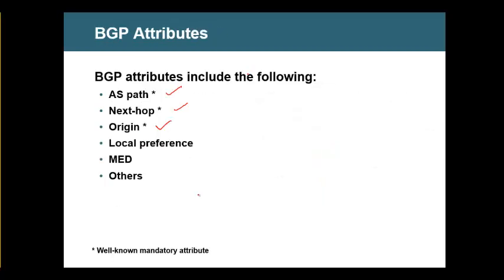So now there is origin, which I explained. There is also origin code. In the attribute list, you will see two types of origin. Origin, whether it is local on this router or learned from another router, is one type. Another one is the way it is injected.